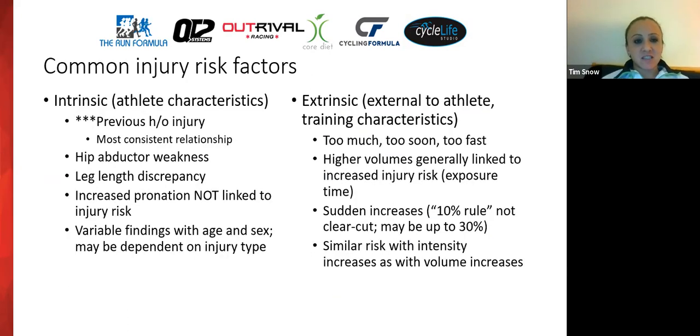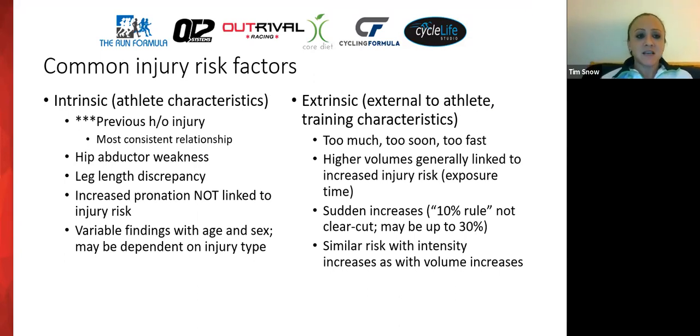Looking at studies and different reviews that have followed groups of runners and triathletes, seeing who gets injured and who doesn't, and trying to link different risk factors to injury: if we look at the risk factors that are intrinsic to the athlete, these are characteristics of the athlete, and a lot of them can't change or are pretty hard to change.